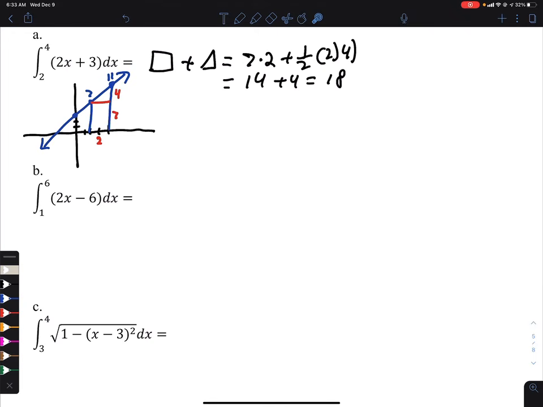Welcome back. Again, we have a line, y-intercept of -6, slope of 2, let's see.